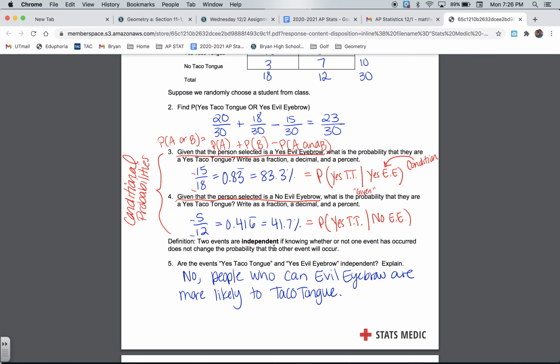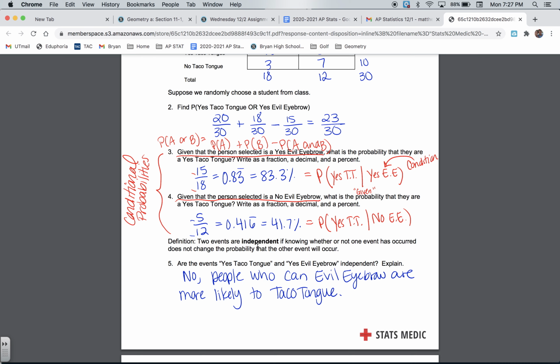Like, let's say that I am independent from your family. My family's independent from your family. So the probability of you choosing to go out to eat last night was not going to affect the probability that my family went out to eat. Those two events are independent.